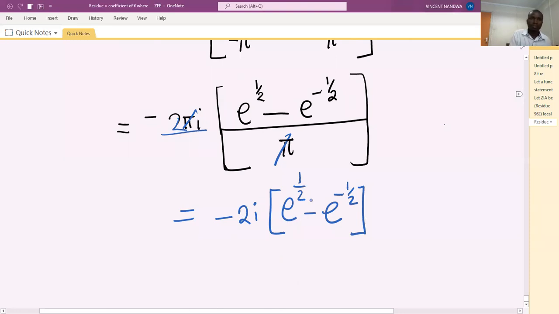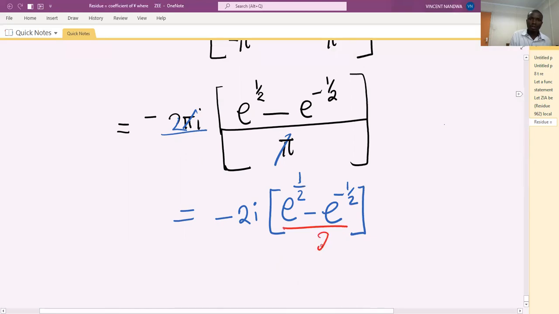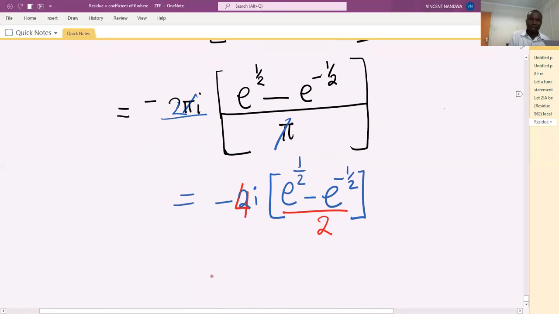But you see, we can write this one differently. I can force a 2 here, and make this one 4, so I will not have changed the meaning of the equation. So I will have minus 4i times (e raised to the power half minus e raised to the power negative a half) divided by 2.